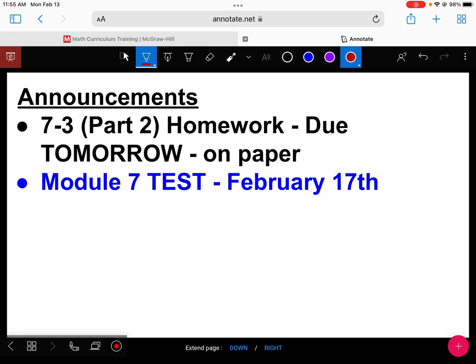This part 2 on paper, we learned how to do the first 2 questions on Friday. Now you can do the bottom 2 questions on here. So if you weren't here on Friday, you'll need to go and get the notes so that you know how to do the top 2 questions. This is due tomorrow. You can either turn it in to me on paper, or you can snap a picture and upload it to Canvas. Either one is fine.